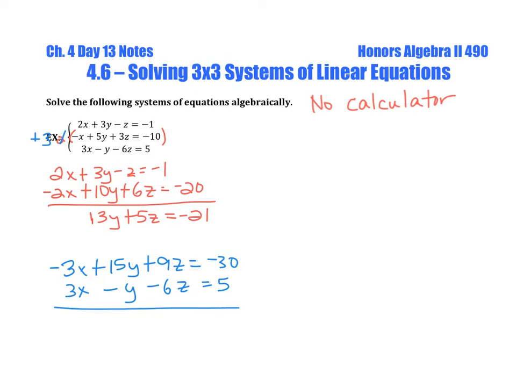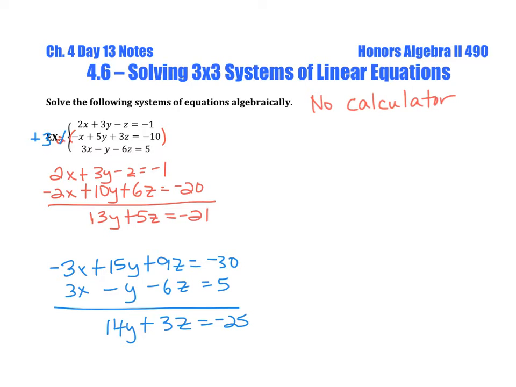Those terms go away once I did my little adjustment with multiplying by +3. And then when I add those equations together, I get 14y plus 3z is equal to -25. All right, so I was successful in eliminating the x terms from that second set of equations.